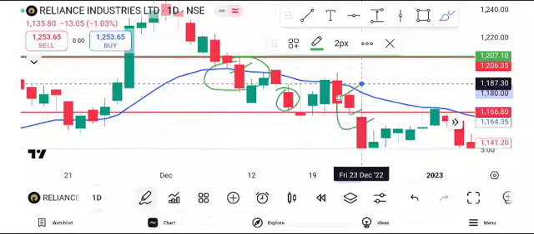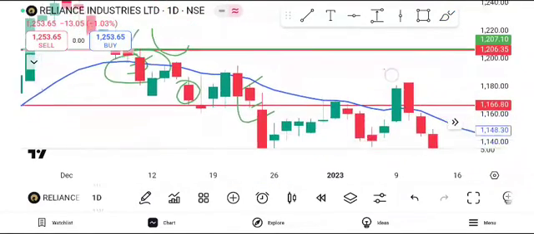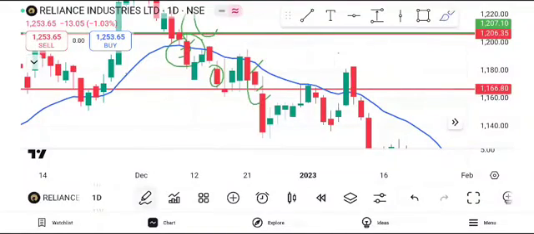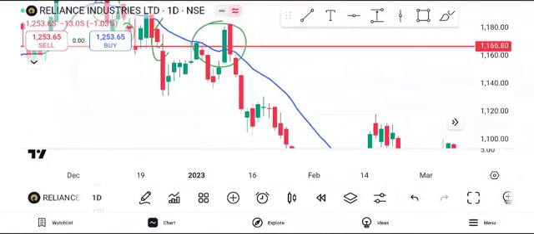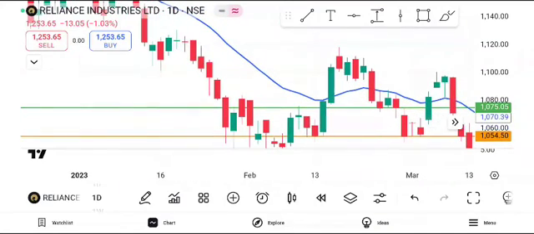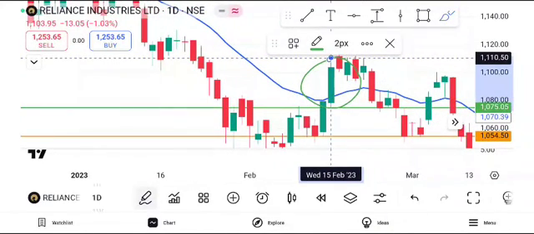See the move, here it acts as a resistance. See the movement. Again here our stop loss got hit. Like this we are going to take the bullish and bearish trades.